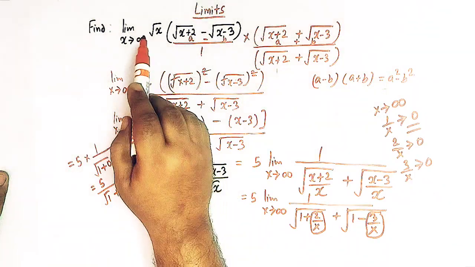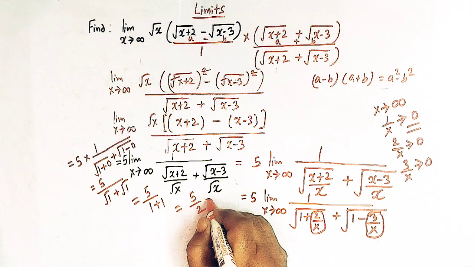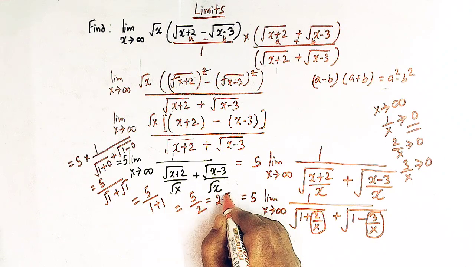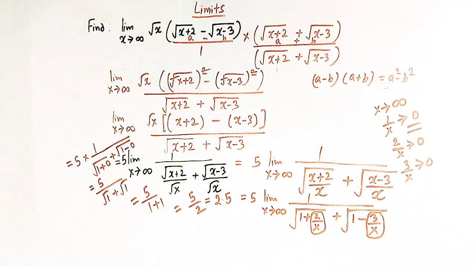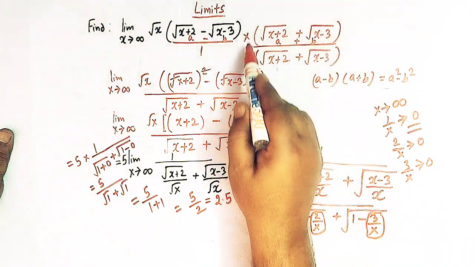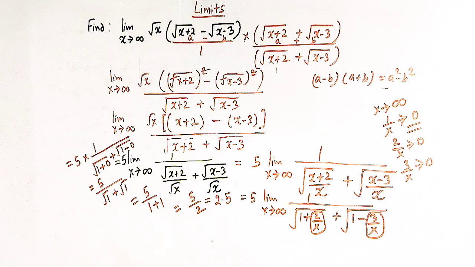So the value of this limit is equal to 5 over 2, which is 2.5. So viewers, this is how by making use of the method of rationalization, we can find the values of these kinds of limits.